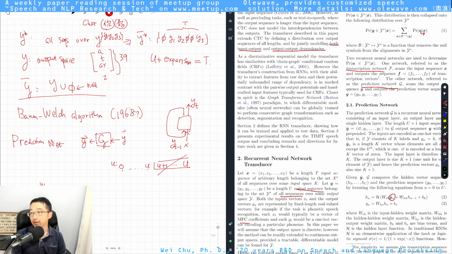And then you also have a bias b_h, which is trivial. After you get this, you pass through a function H, which is a nonlinear operation. It could be sigmoid, could be ReLU. I prefer to put the H here.